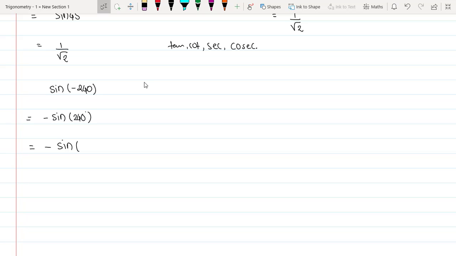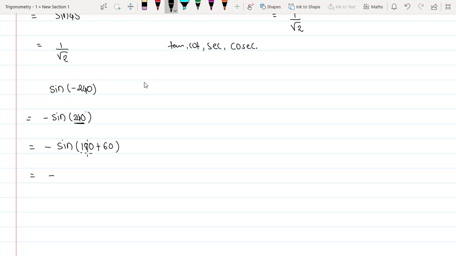180 plus 60. So it is 180 plus 60, which is equals to minus of. So as it is 180, the sign will remain sine, and this 240 is lying in which quadrant? Third quadrant.